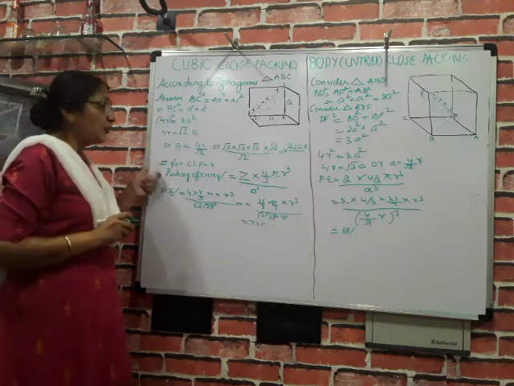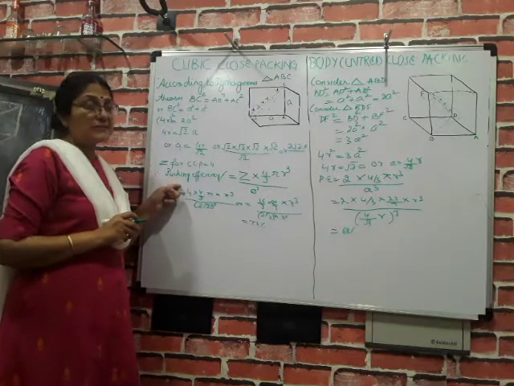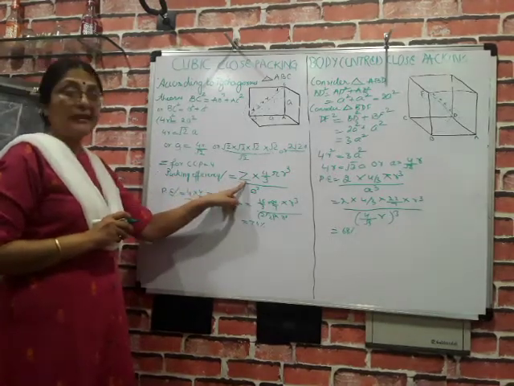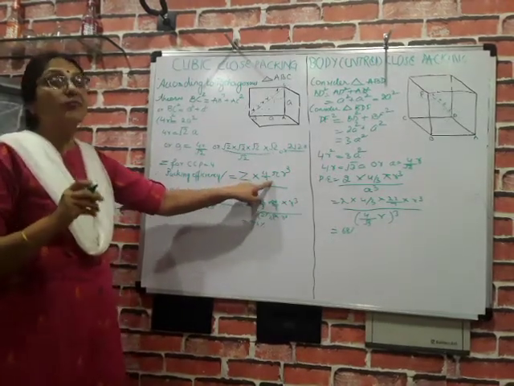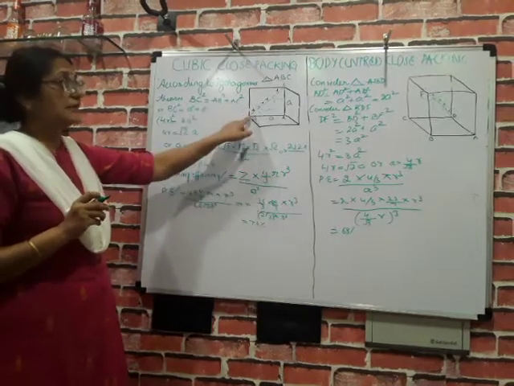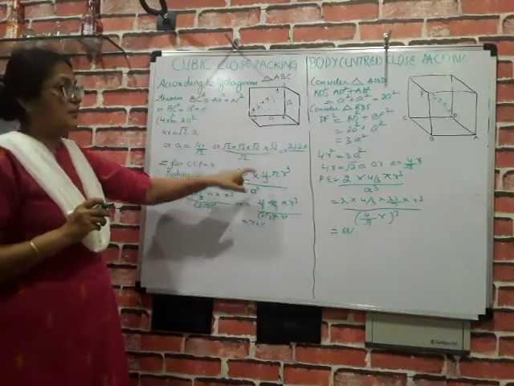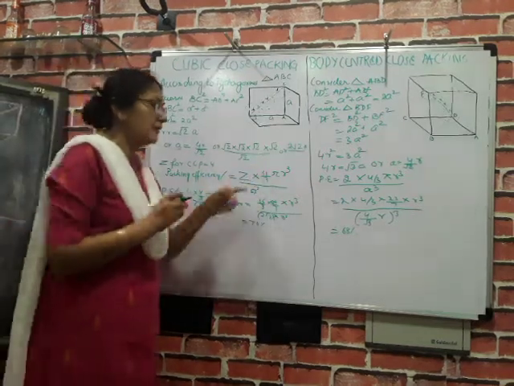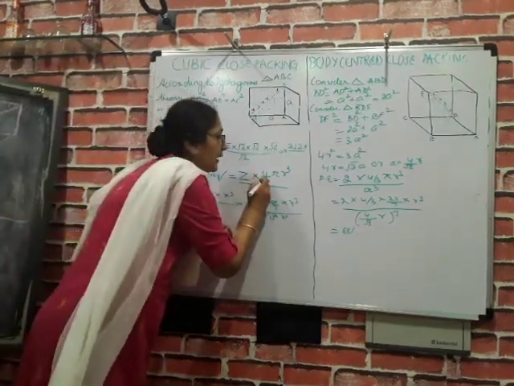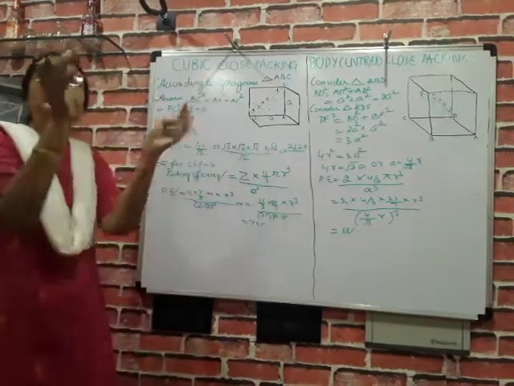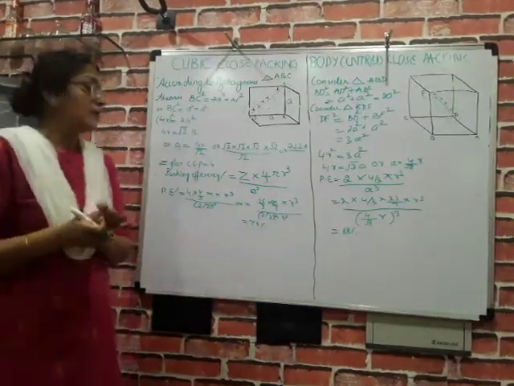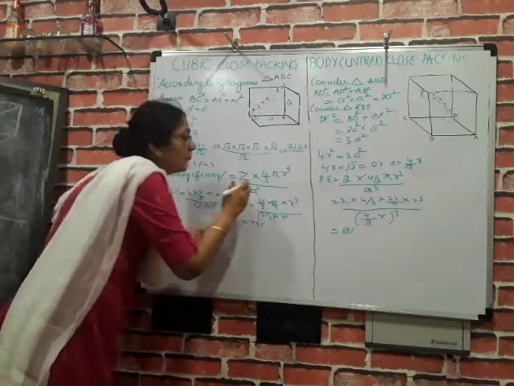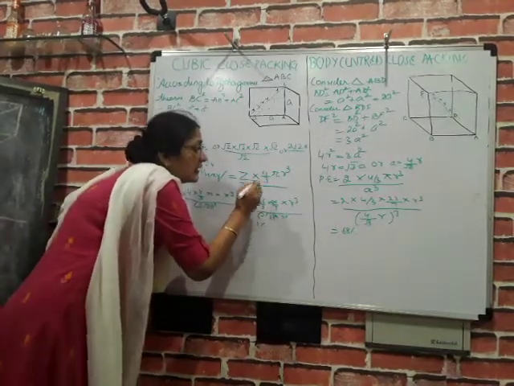So the formula is packing efficiency percentage equals Z into volume of the sphere, as we have considered a particle, and the volume of a sphere equals 4 by 3 pi r cube, and we are filling these spheres in a cube. So the volume of the cube is A cube.